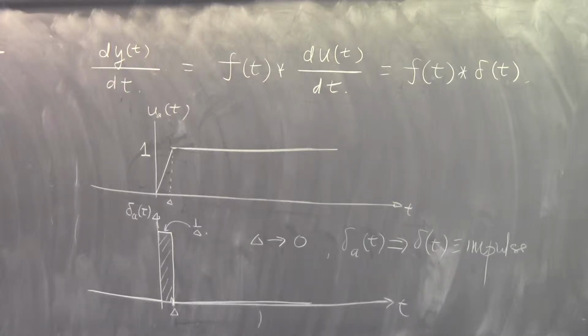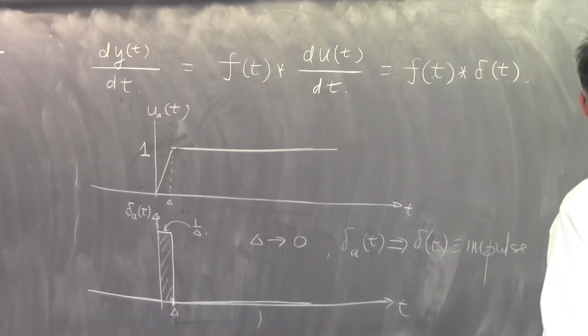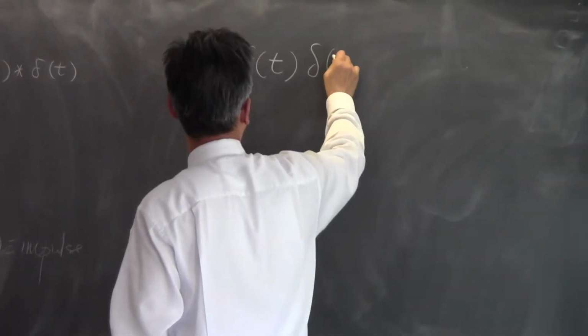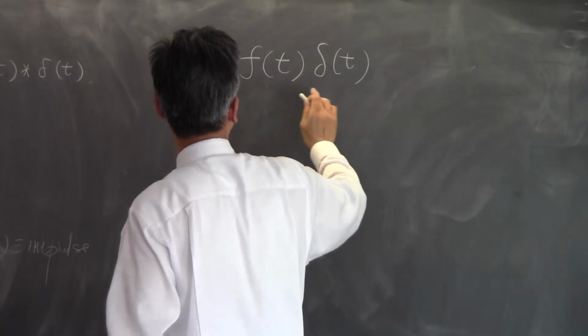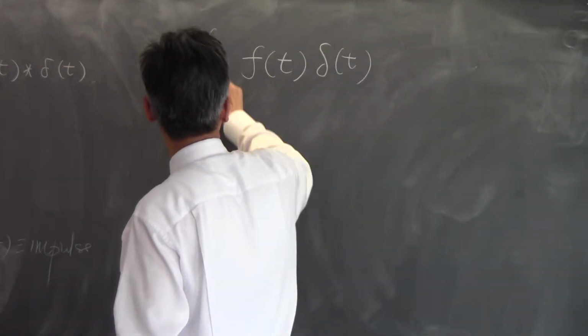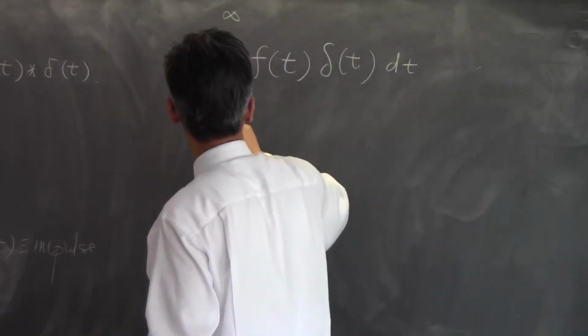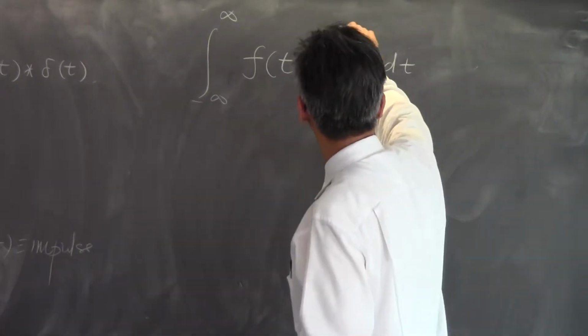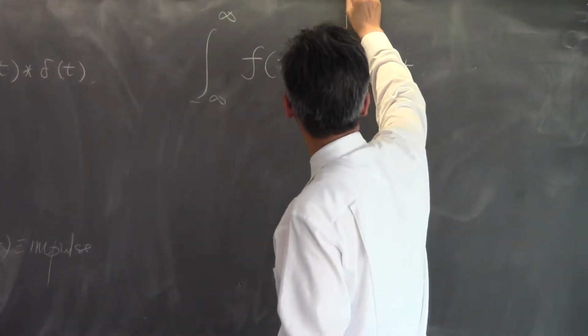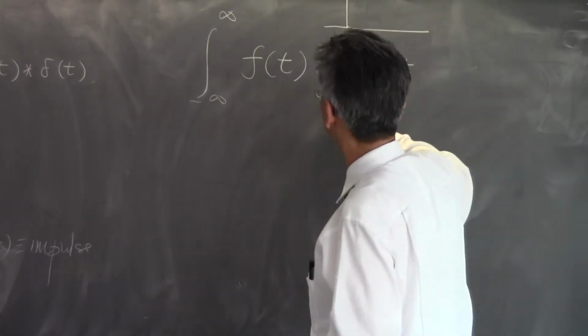So what is so special about the impulse function is such a narrow function. If I have any function multiplied by an impulse function and integrate, okay, this is such a narrow function. It is 0 everywhere, but at the origin it's not 0. Okay?